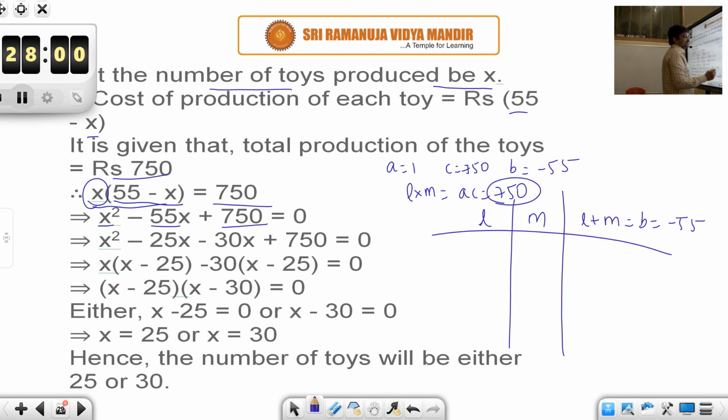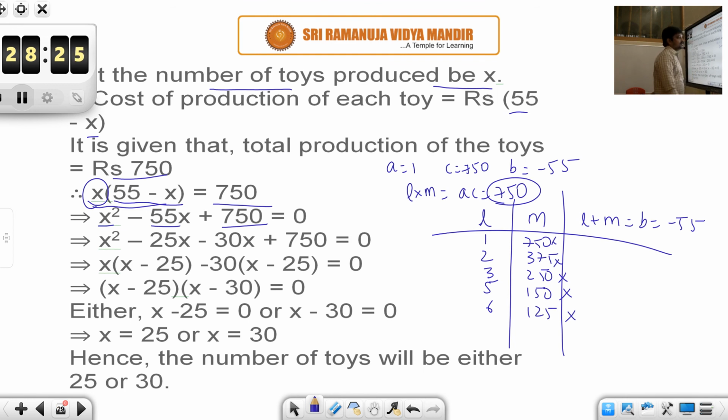So factorize 750. So 1 and 750, not possible. 2 and 375, again not possible. 3 and 250, not possible. And 4, it can't be divided by 4. And then 5 and 150, again this is not the right combination. And then what about 6 and 125?